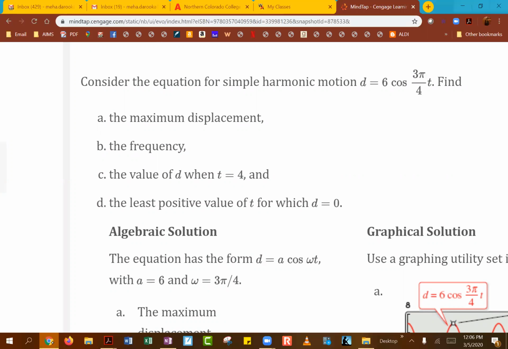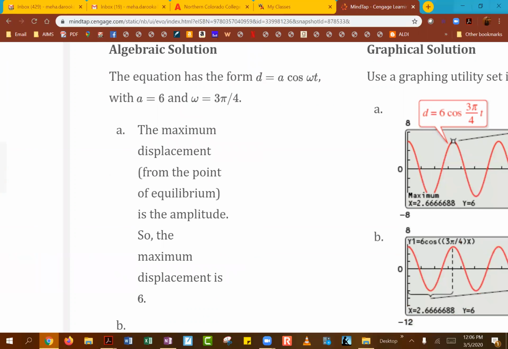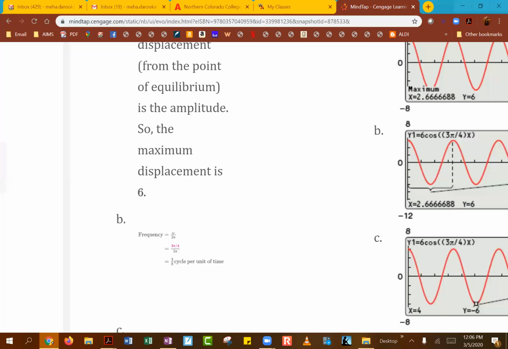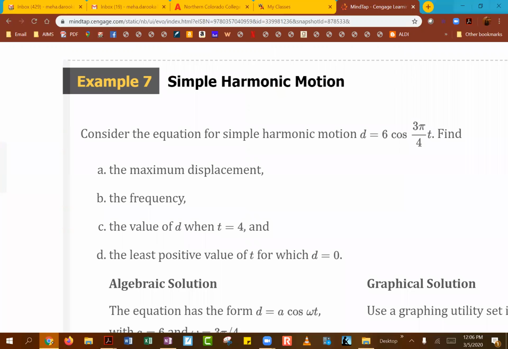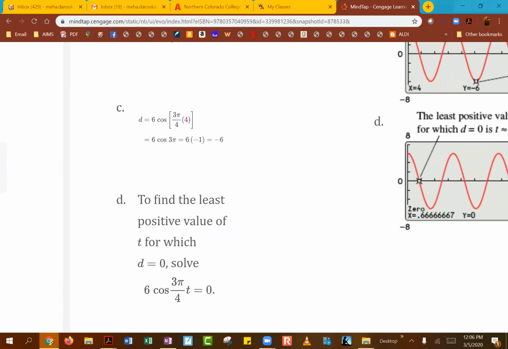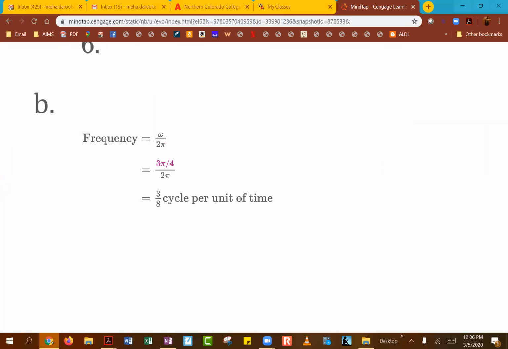Okay, the frequency was the part B calculation. Remember, frequency is the reciprocal of the period, so it's omega over 2 pi. Your omega value comes from the coefficient of t, so 3 pi over 4 is the omega. So you're going to have 3 pi over 4 divided by 2 pi. What's happening here is the pi and the pi cancel out.